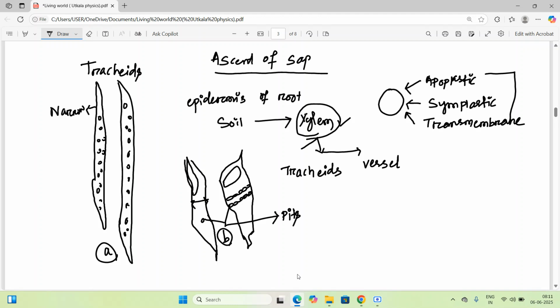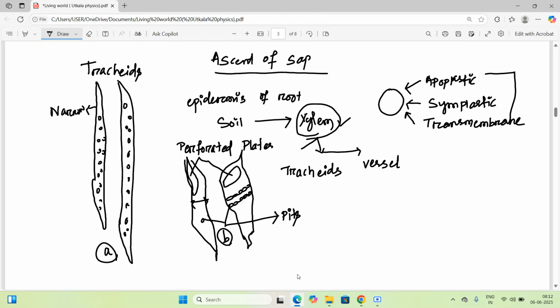Then these are the perforation plates, the perforated plates.